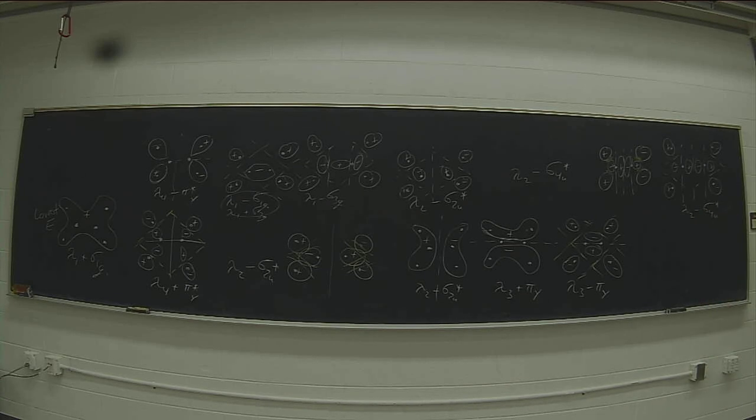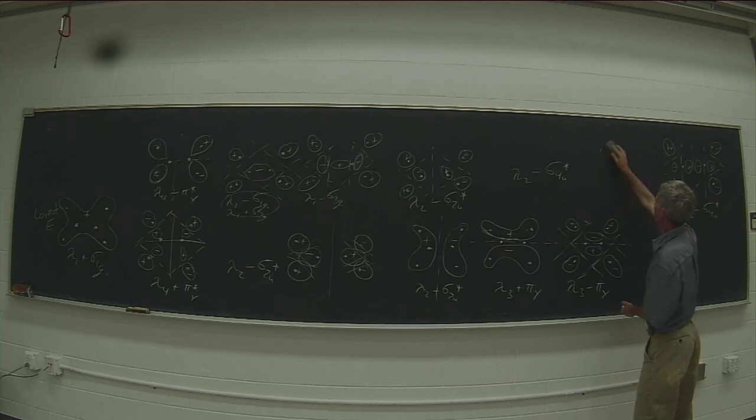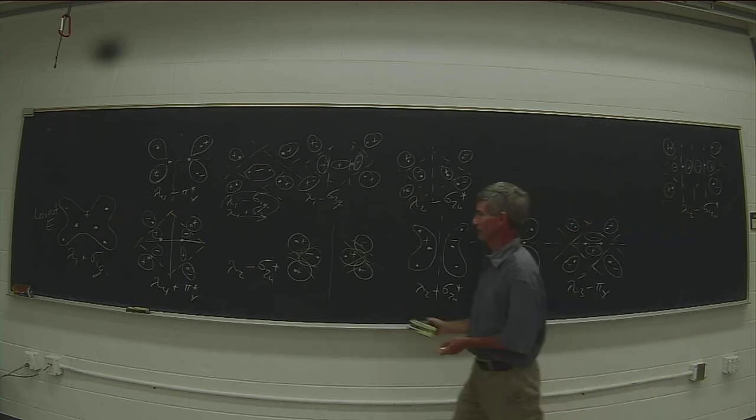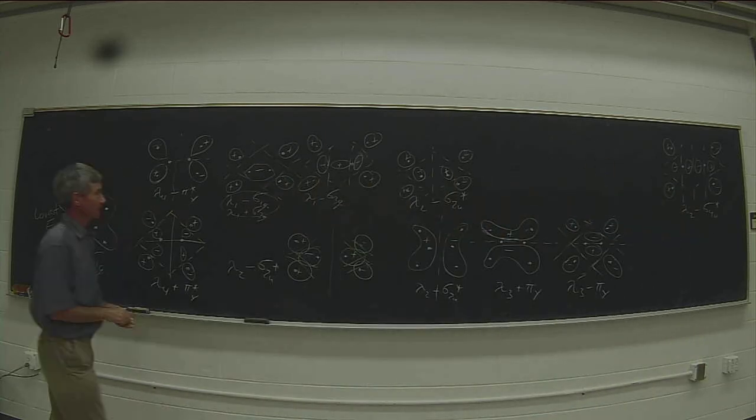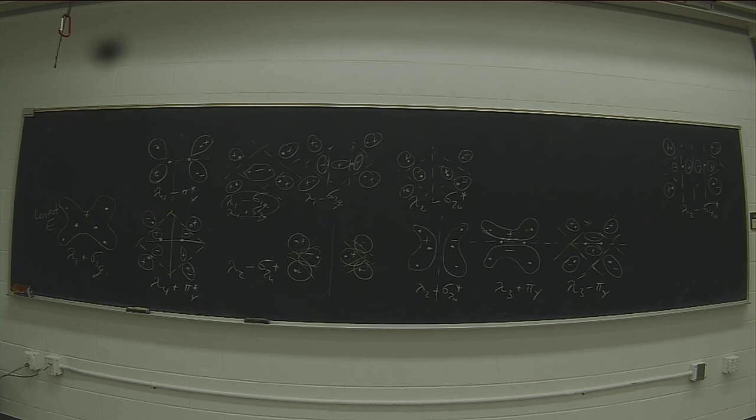So a whole bunch of stuff on the board right now. I'm going to take away the before picture and leave just the after picture. So we'll just have 10 orbitals up on the board.